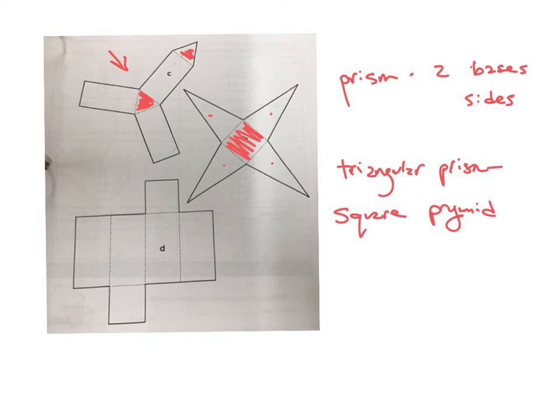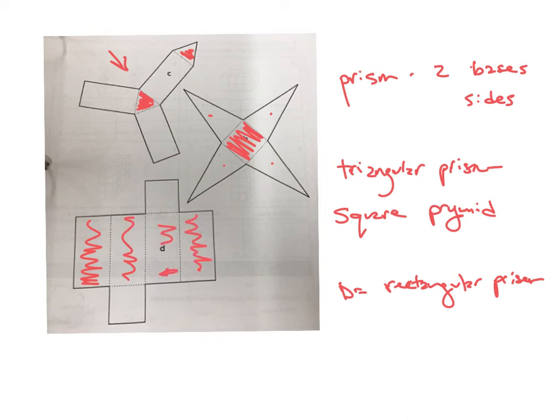Okay, now for D, we have a rectangular prism because my sides, again, are made up of those rectangles. 4 congruent sides. We've got our base, which are two squares, which are congruent, and they'll end up being parallel.